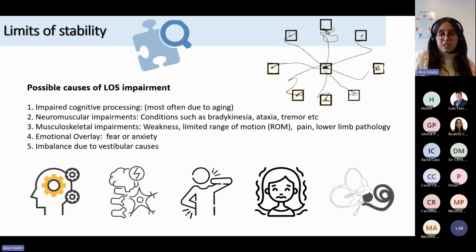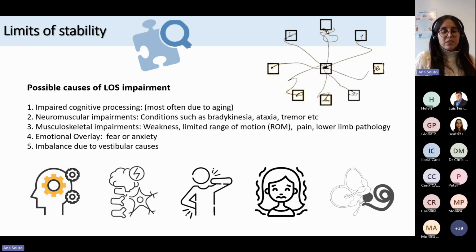Musculoskeletal impairments, so muscle weakness, mostly the posterior muscle chain, the plantar flexors, they have to hold the body in an unstable position when the person leans to the front. Limited range of motion, so the movement starts in the ankle joint. So if we have limited range of motion or rigidity, this is, of course, going to impact limits of stability.